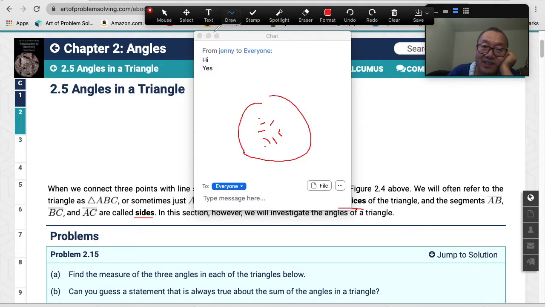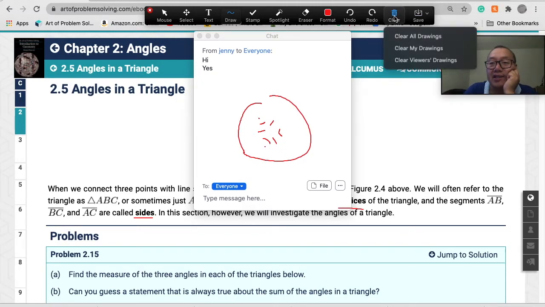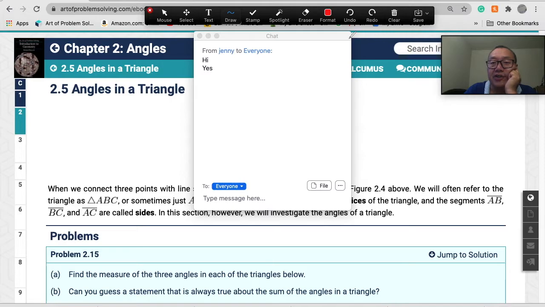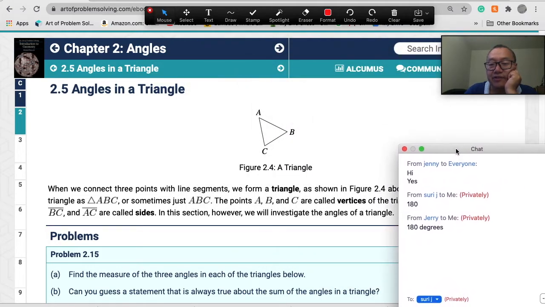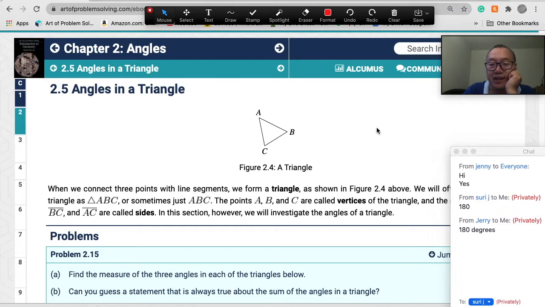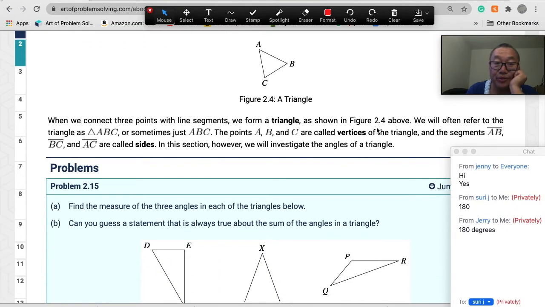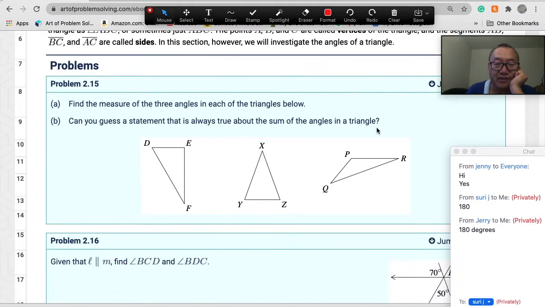Let me see if you know that. What is the sum of interior angles of any triangle? 180. Yes, that's correct. Very good. Later we'll prove that.